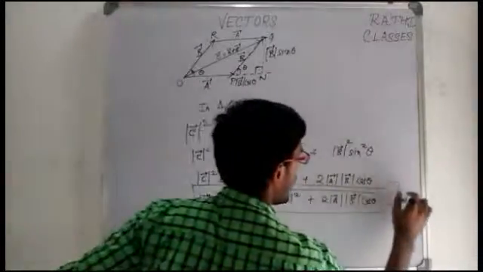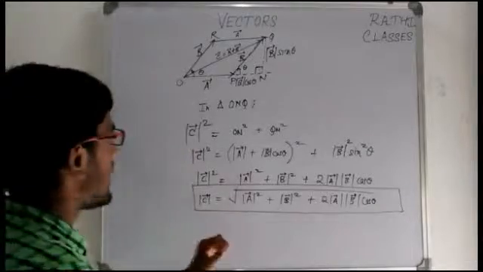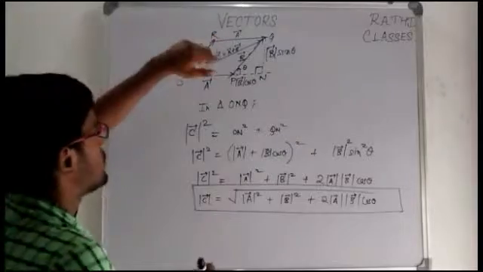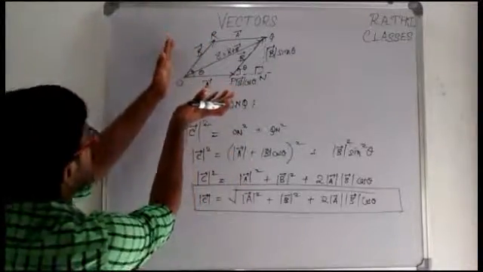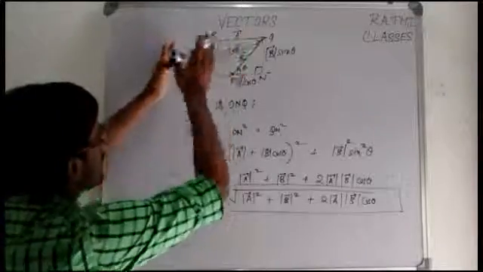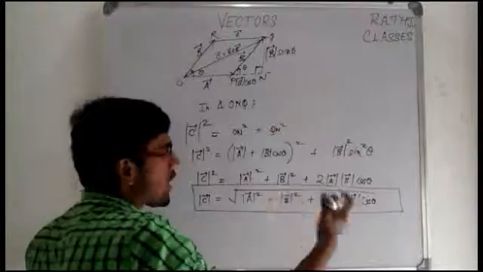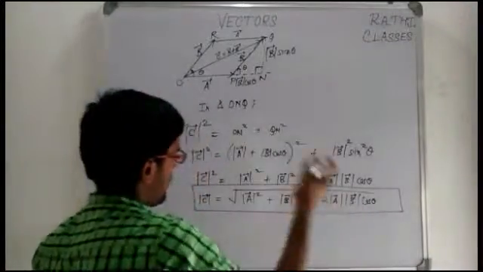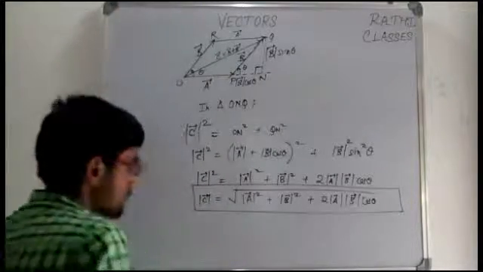This is the formula to get the magnitude of the resultant vector C, where theta is the angle between these two vectors A and B, and where C is the resultant of vector A and vector B. The modulus of C is given by root over of mod A square plus mod B square plus 2AB cos theta, right?